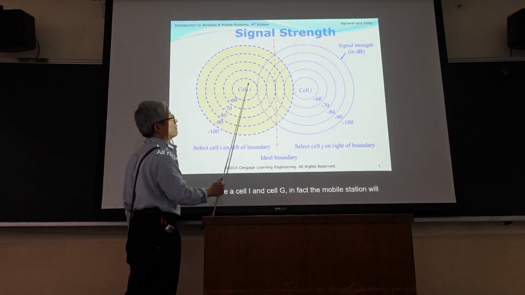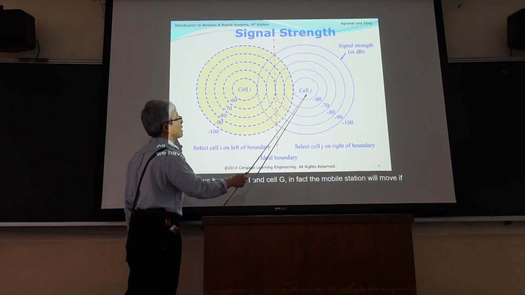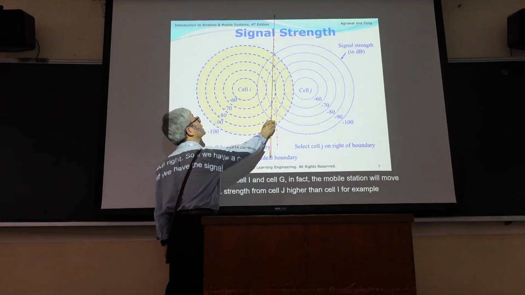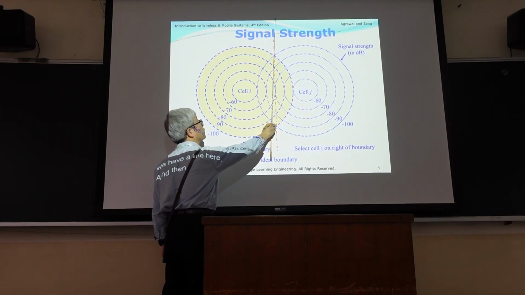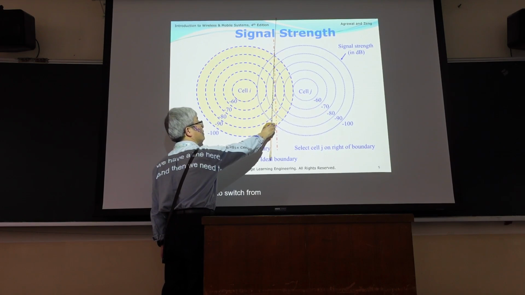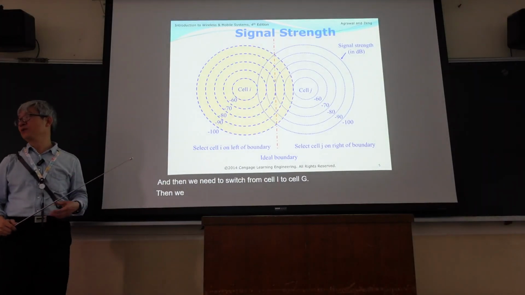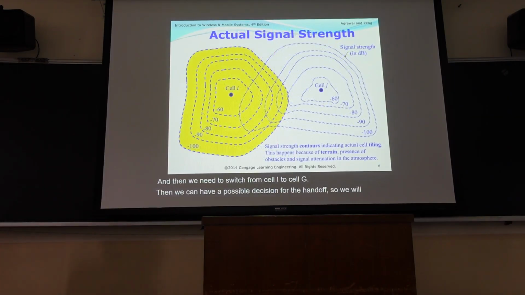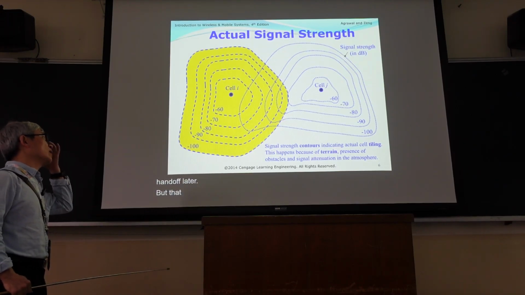If the signal strength from cell J is higher than cell I, for example, here we have a line, then we need to switch from cell I to cell J. Then we can have a possible decision for the handoff. So we will have a handoff later. But that is an ideal cell shape.